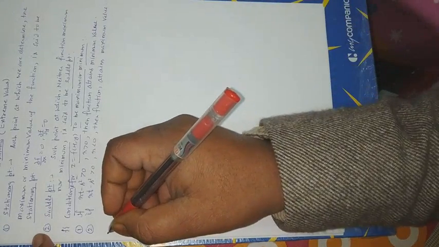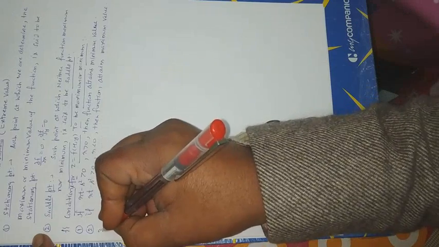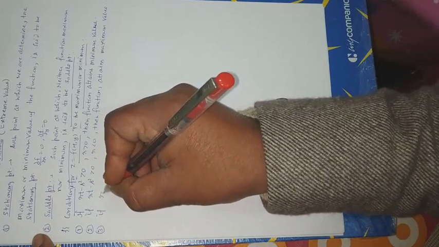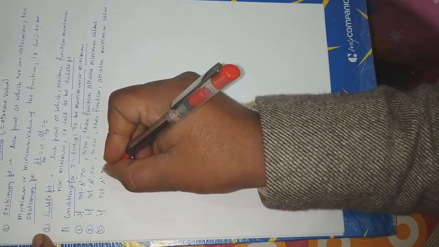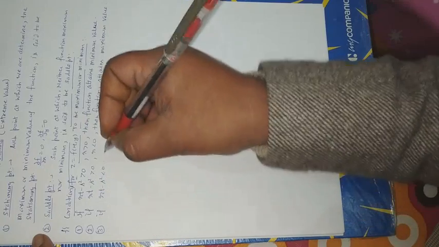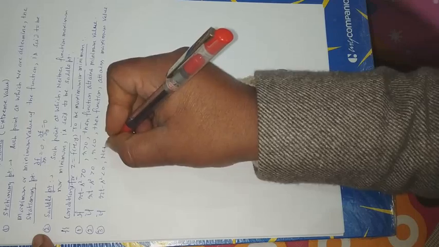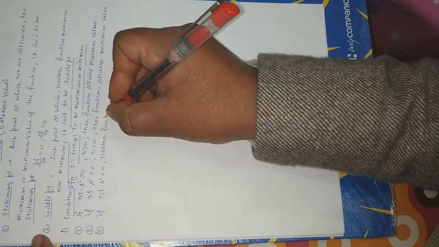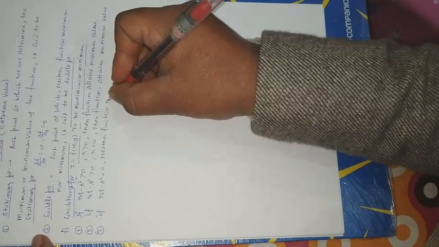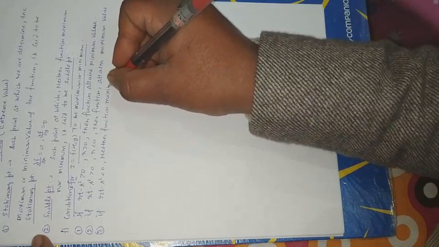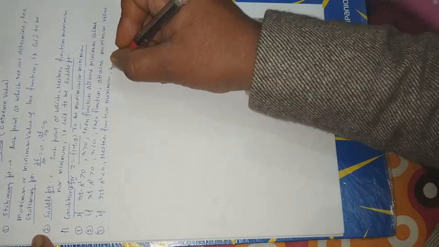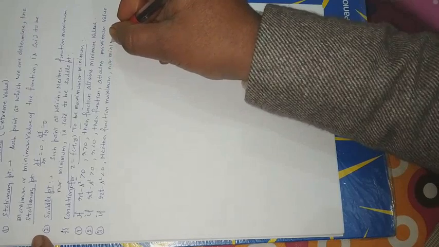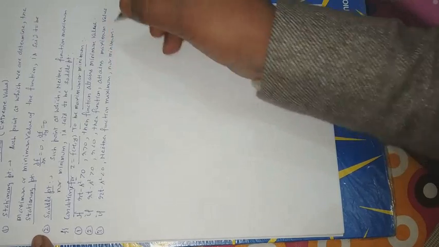Third condition: if rt minus s square is less than 0, then the function is neither maximum nor minimum.